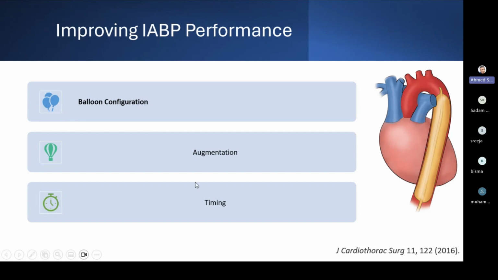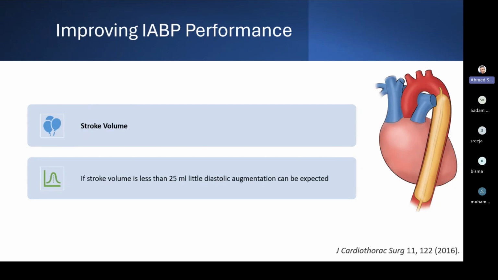And as you know, the timing of the intra-aortic balloon will affect its performance, and we will explore this in the troubleshooting for the intra-aortic balloon. The next factors are related to the patient, like the stroke volume.